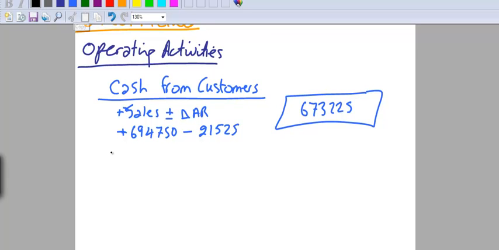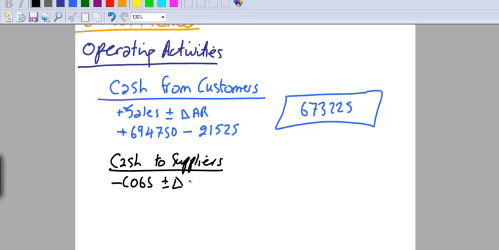The second section is going to be our cash to suppliers. In this section, I use one income statement account, cost of goods sold, and I'm going to add or subtract any change in inventory and any change in accounts payable. So my cost of goods sold, 350,000. It's an outflow, this section.